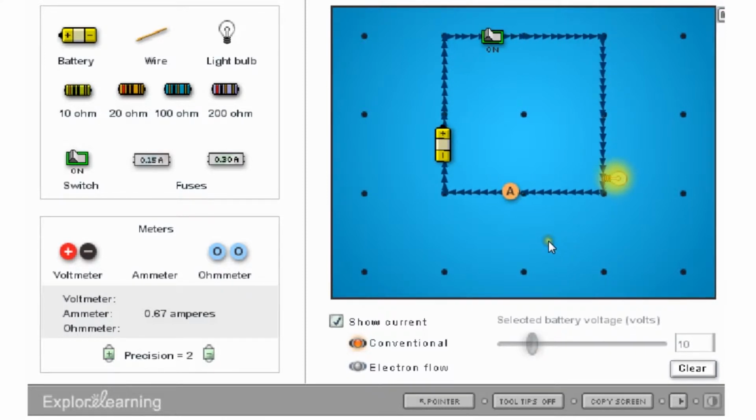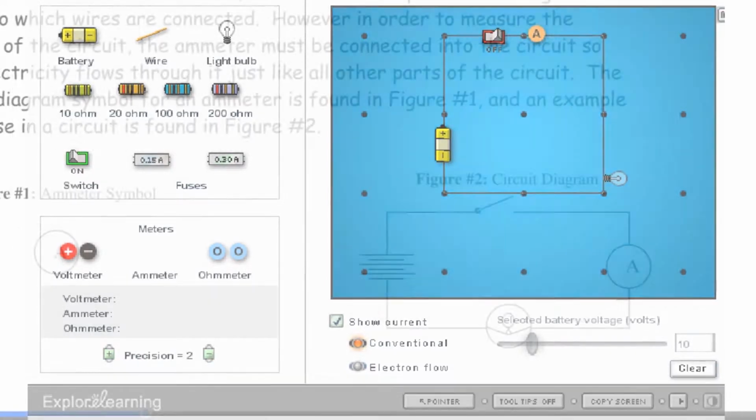If I were to place the ammeter in another position in the same pathway, you'll notice that the current is still 0.67 anywhere we place it. And when we open the circuit, the ammeter doesn't give us a reading because no current is flowing.